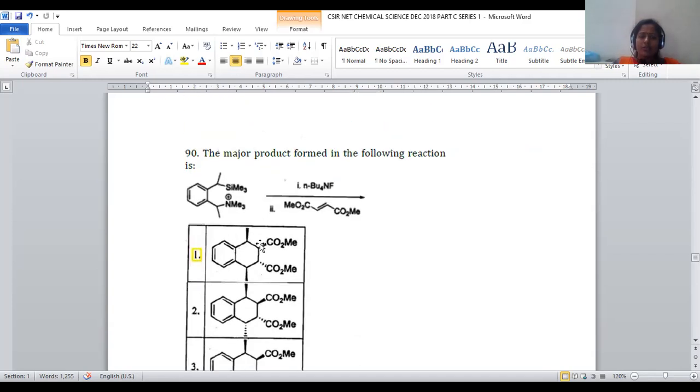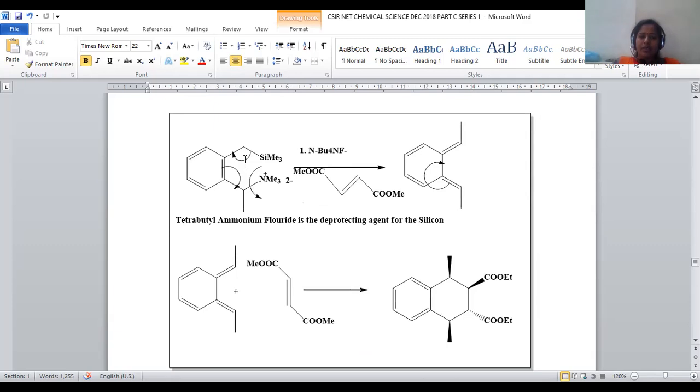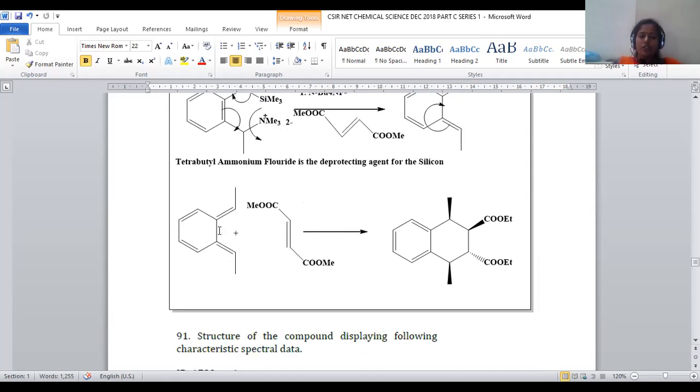So here we have two methyl substitutions, and the formation of two trans double bonds is possible. Now the generated trans double bonds are treated with dimethyl fumarate. If it is in cis orientation, it is called maleic acid, and if it is in trans orientation, we can say it is fumaric acid.